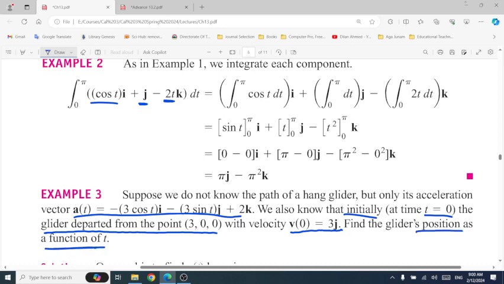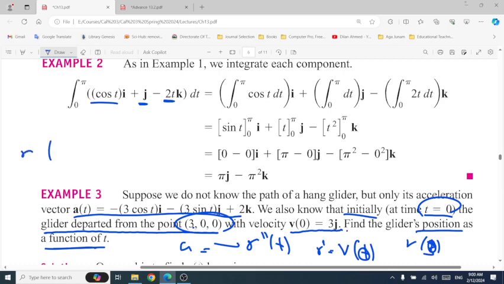If I translate this to mathematics, since this is a physics problem, we have the second derivative, am I right? Also we have the first derivative. Acceleration, velocity. What else? The initial point, r(0). What else? We have the velocity. What was the question? r(t) equal to what? The general form of r(t).